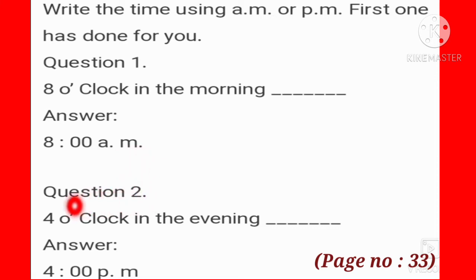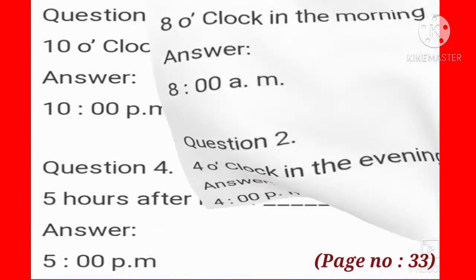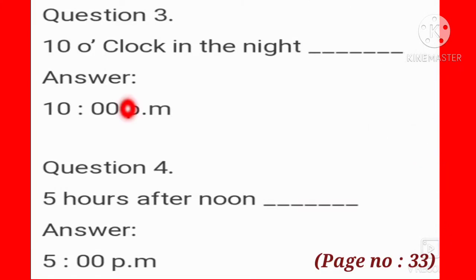Question 2. 4 o'clock in the evening. What does it mean? Evening represents PM. So the answer is 4 PM. Question number 3. 10 o'clock in the night. The word night is given. It represents PM. So the answer is 10 PM.